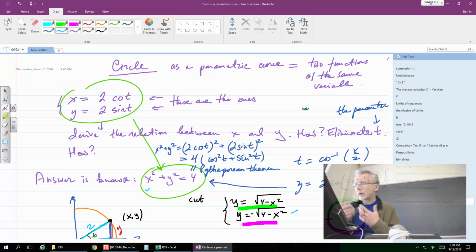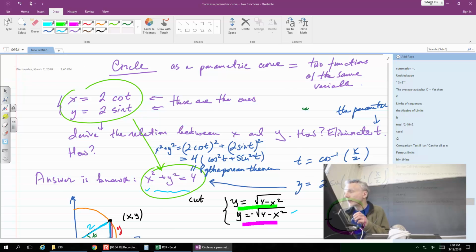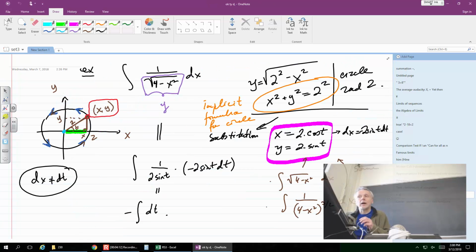So the idea then is to come up with a way of representing the curve that we already know what it is as motion. And the answer is pretty much, if you just remember the idea we came up with last time, the substitution, integration by substitution.